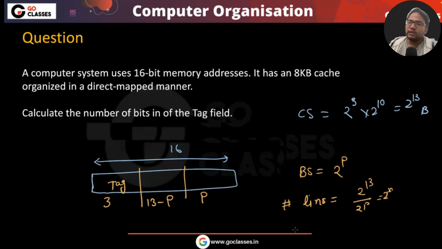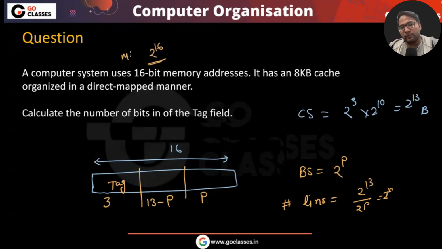Understood what I'm saying? So if you assume the block size to be something, let's suppose 2 power p, then you can definitely solve this question. But I don't want to do this procedure. Can you tell me directly, without assuming some block size, how to solve this question? See, they have given you the main memory size, 2 power 16 bytes.